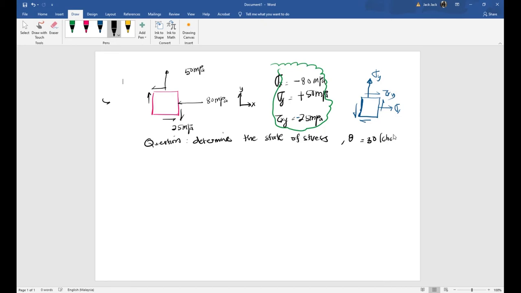Clockwise, so that means in this direction. So the sign of this theta will be minus 30 degree.